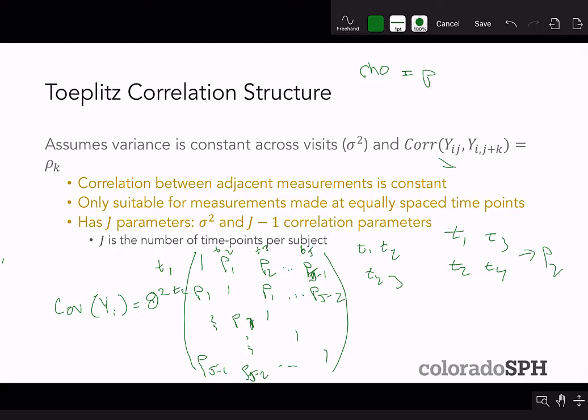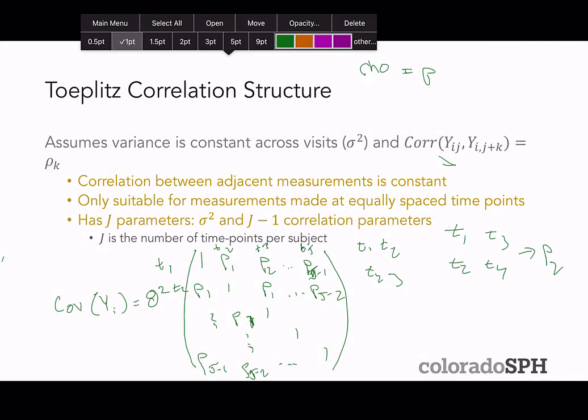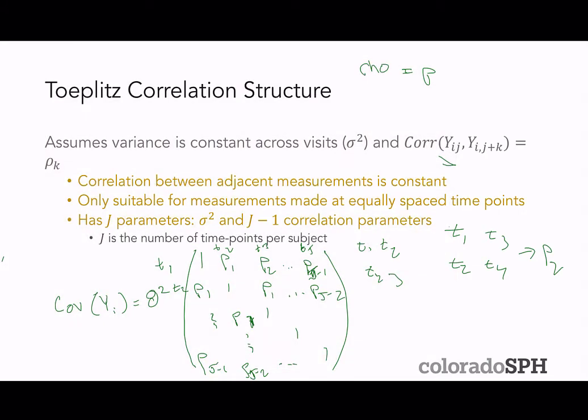you can see that the correlation between adjacent measurements is constant but you now have more parameters than we did in the previous correlation structure. In fact, you have j parameters, j being the number of time points per subject, where you have j minus 1 related to the correlation, and then you also have sigma squared.